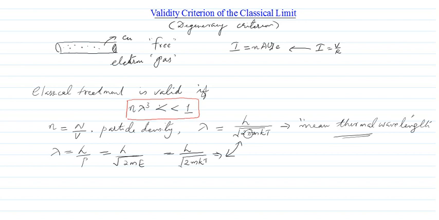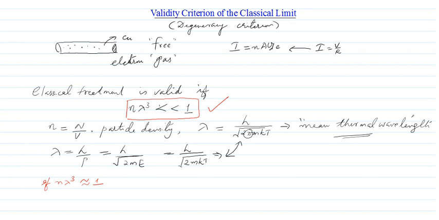In any system, if n lambda cubed is increasing, and suppose due to some reason it approaches unity, how can that happen?